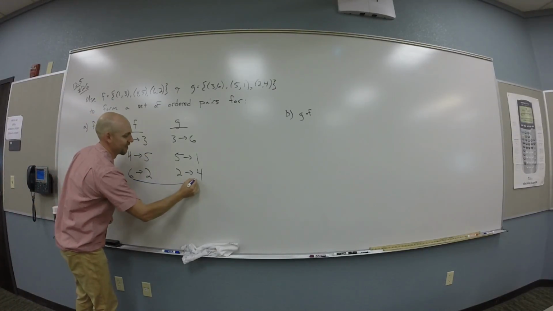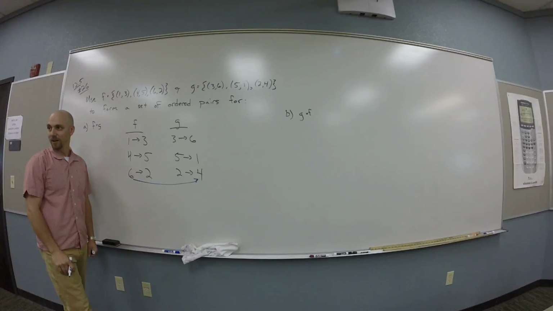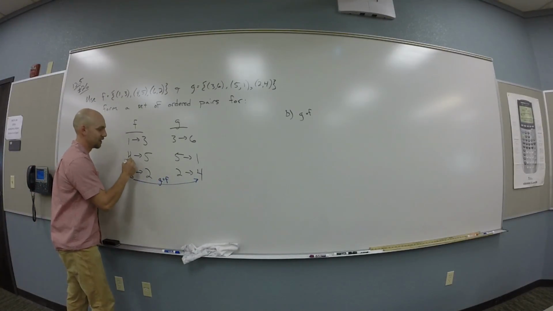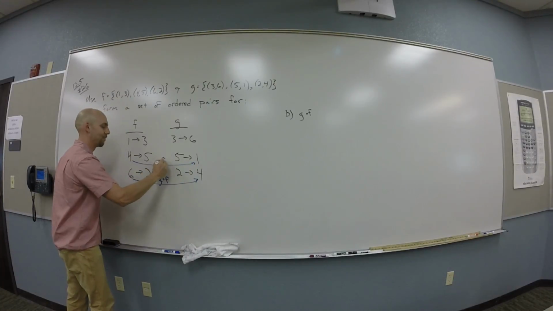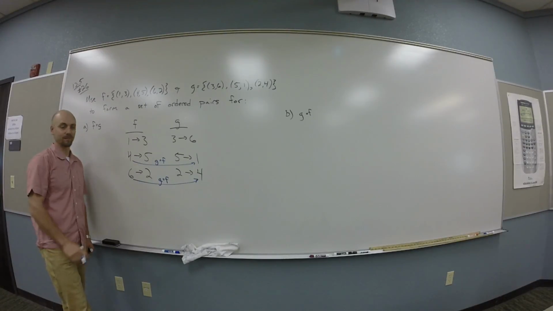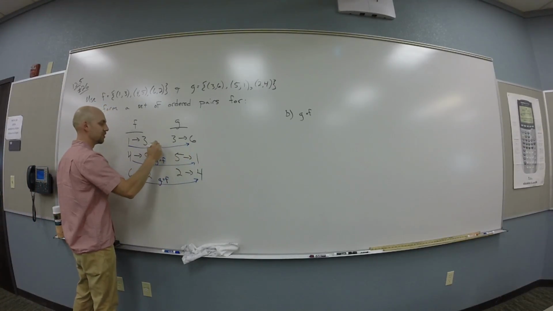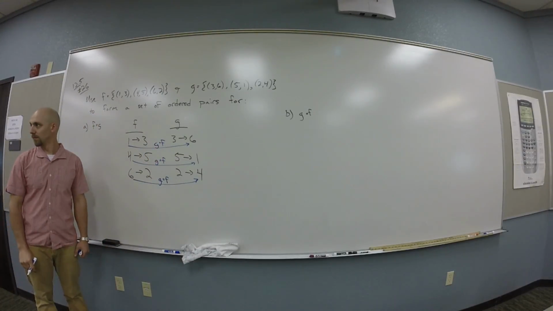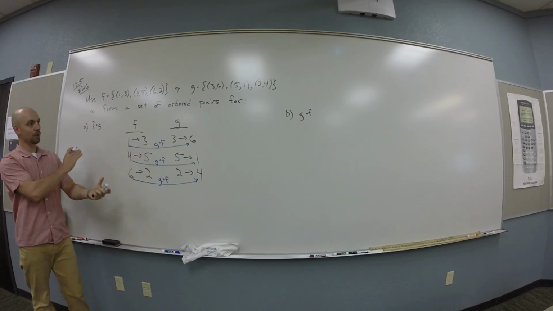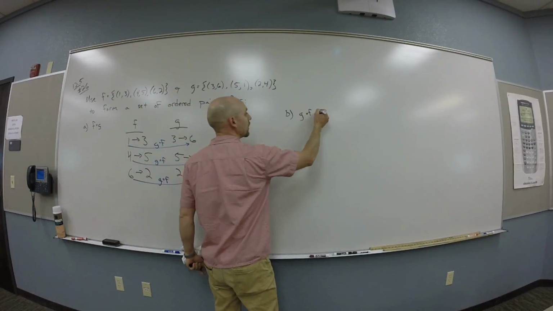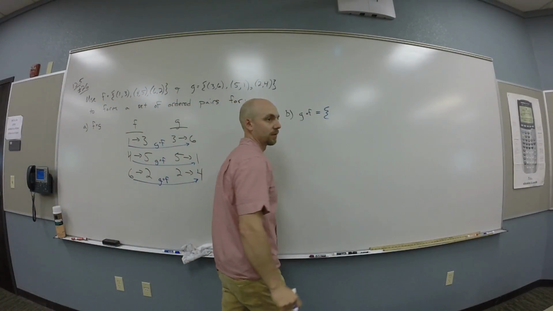That's do F first, then do G. This is do F first, then do G. See that? So for this one I need to swap the columns, but for that one I can just write the answer down. Can we write the answer down for G composed with F?